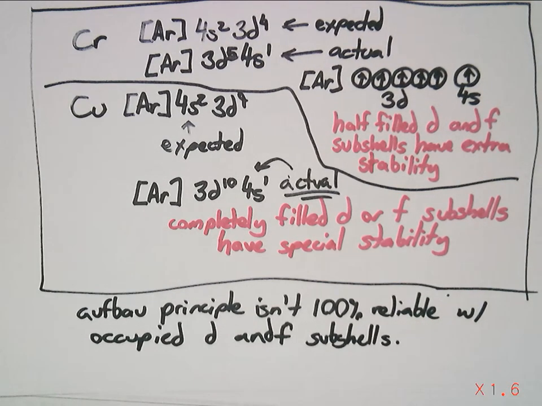The Aufbau principle is going to give me a configuration that is approximately correct. But if it really mattered to me, if I wanted to be 100% correct, I would always double check my configuration. If it contained d's and f's, I'd go and look up the actual configuration and see if I was hitting an exception.